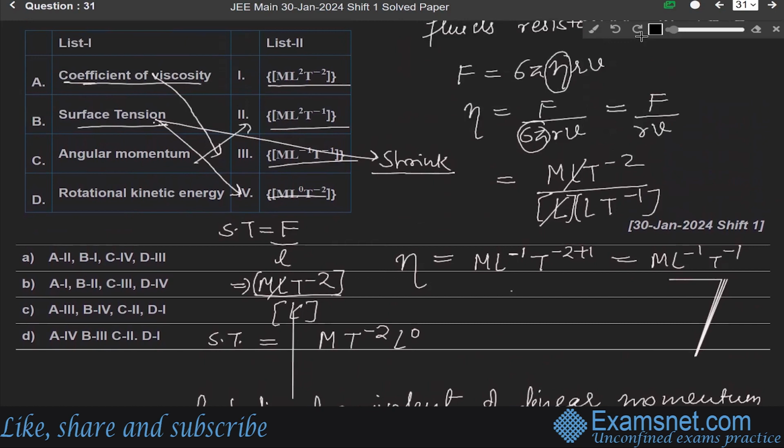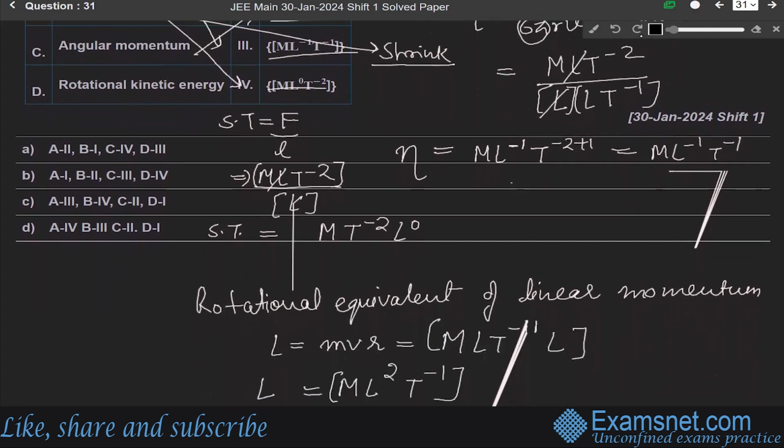Now rotational kinetic energy. It is the kinetic energy that results from an object's rotation. When an object rotates, it gives us rotational kinetic energy. It is also known as angular kinetic energy.